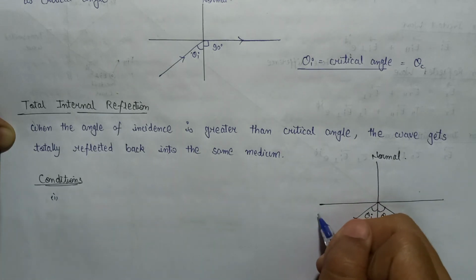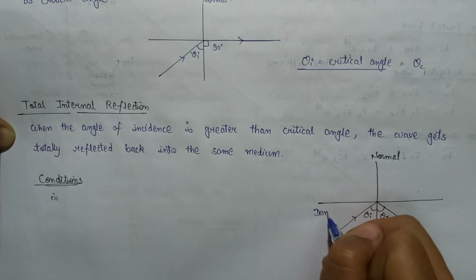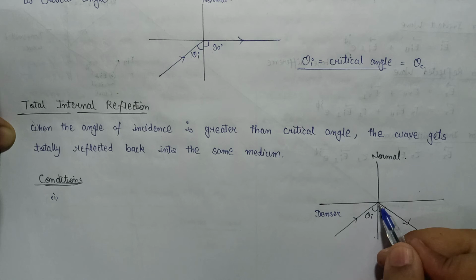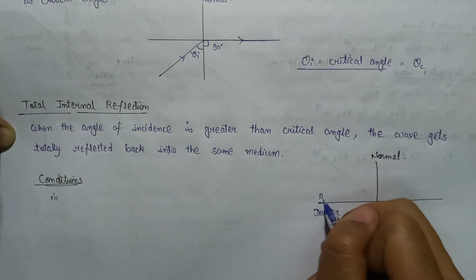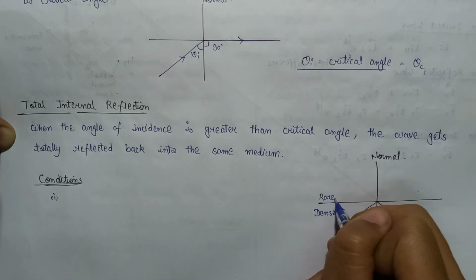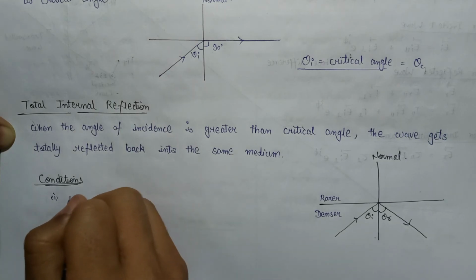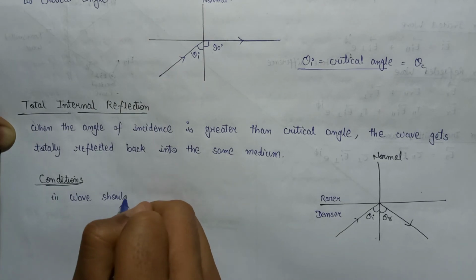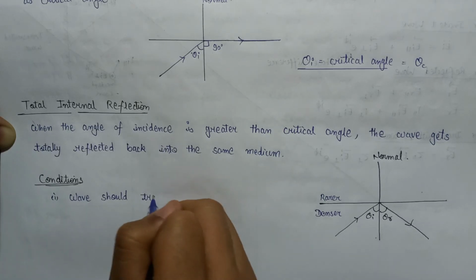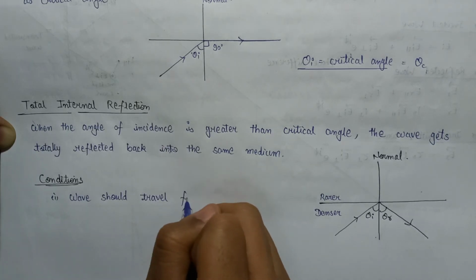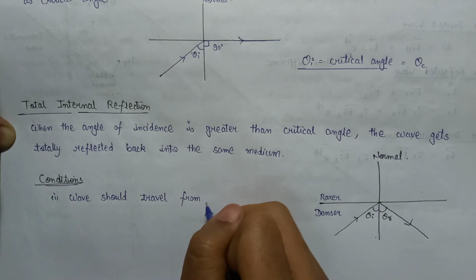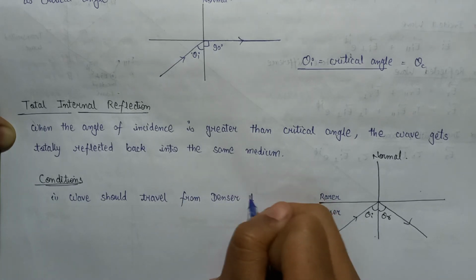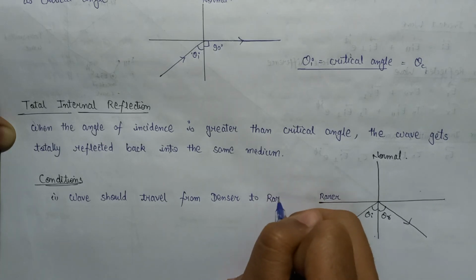That means this medium should always be a denser medium from which the ray is incident, and this should be a rarer medium. So the wave should travel from the denser to the rarer medium.